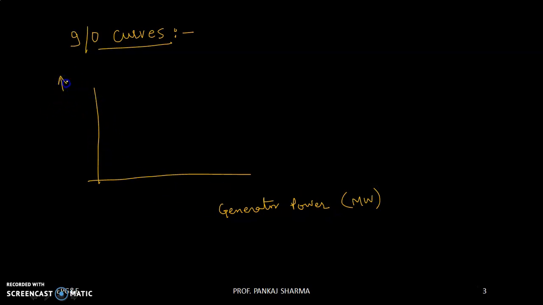In the y-axis we are going to take the input output in the unit of mega BTU per hour. Let us say this is your origin and this is the scaling of the input output in mega BTU per hour.